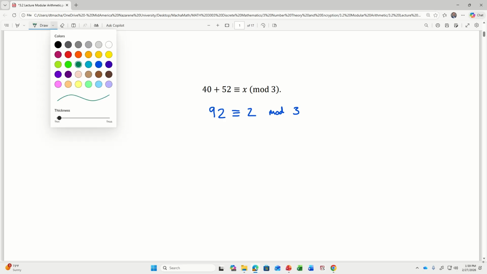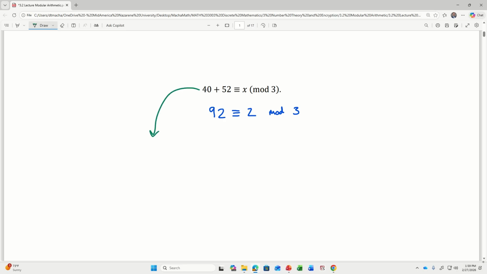But a separate way that's considered slightly more efficient in a lot of cases is, before I do the adding, I could go ahead and do mod 3 to each of these numbers, where 40 mod 3 would be 1, 52 mod 3 would be 1, and then of course 1 plus 1 is equivalent to 2 mod 3.